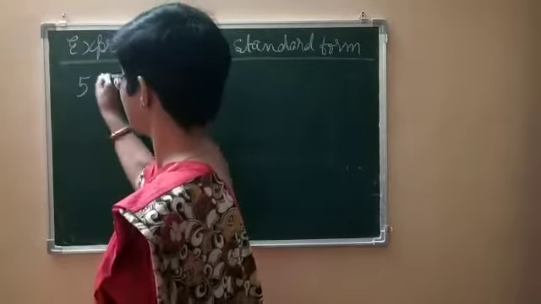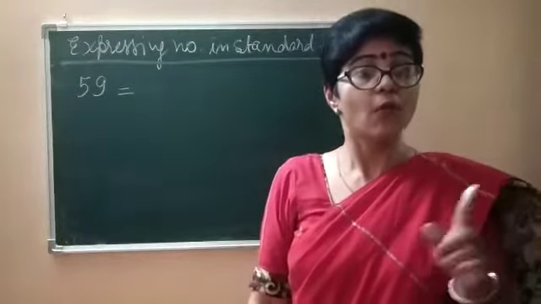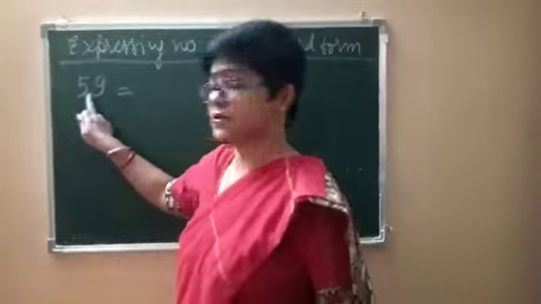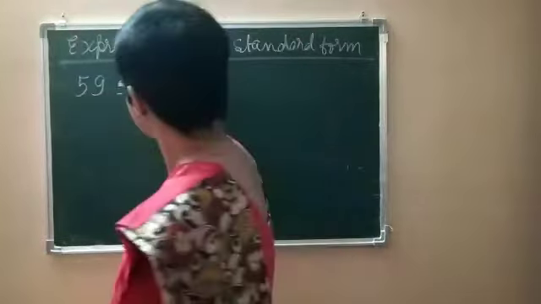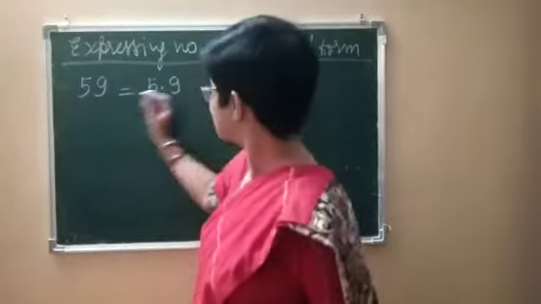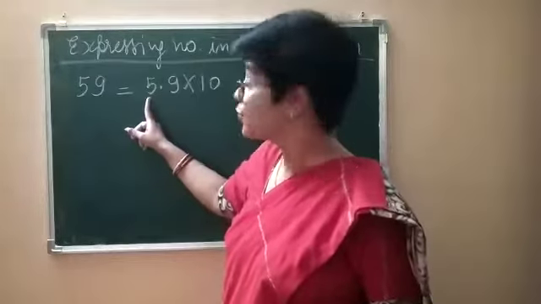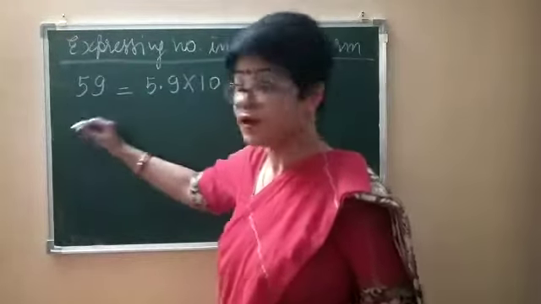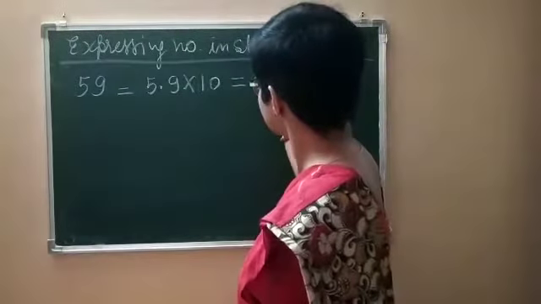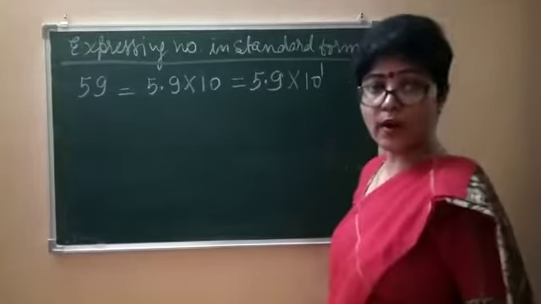Like we have the number 59. I am going to express it in standard form. What I told you: after the first digit we put the decimal. So if I put 5.9 but the number is 59, I need to multiply it by 10. If I multiply 5.9 by 10, we will get 59. So we can express it in standard form as 5.9 into 10 raised to the power 1.